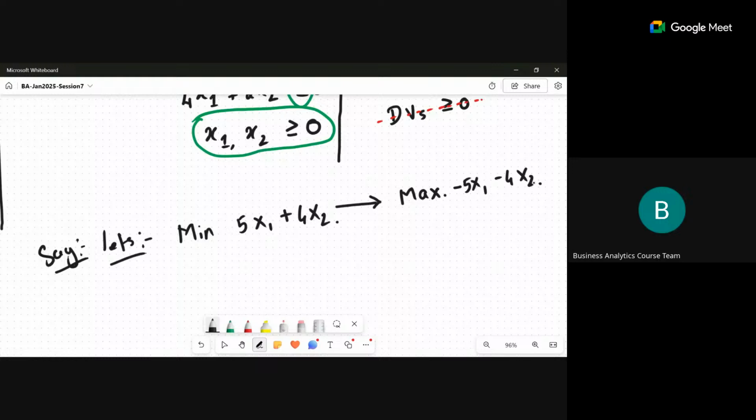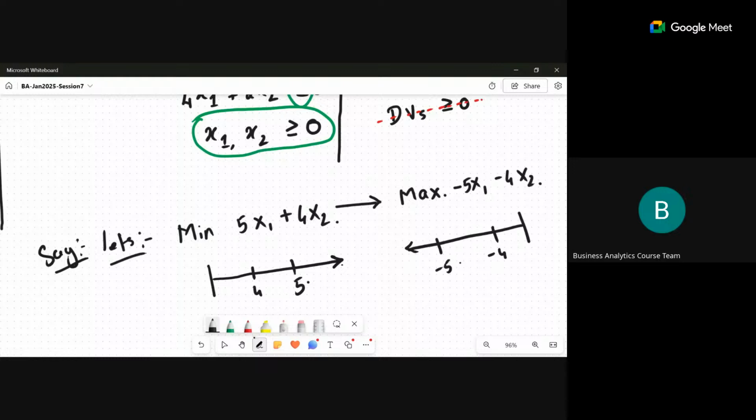Why will that work? Logically, both will be equivalent. If you try to minimize this and if you try to maximize the negative of that, it means you are trying to minimize that. On a scale, 4 is here, 5 is here. In a maximization scale, minus 4 is here, minus 5 is here.